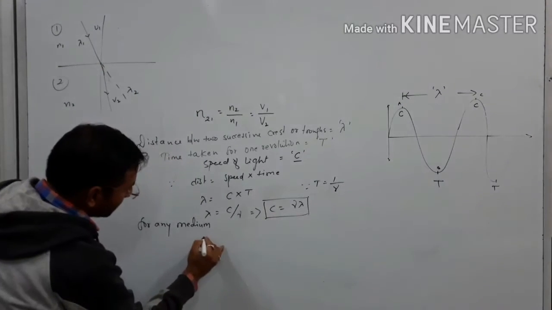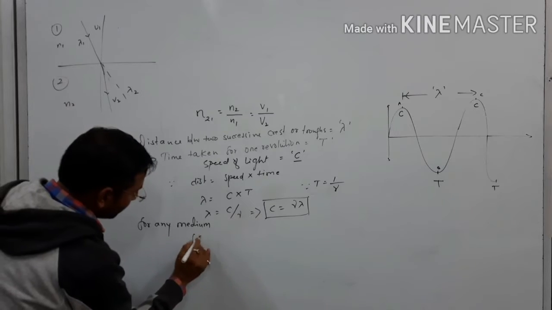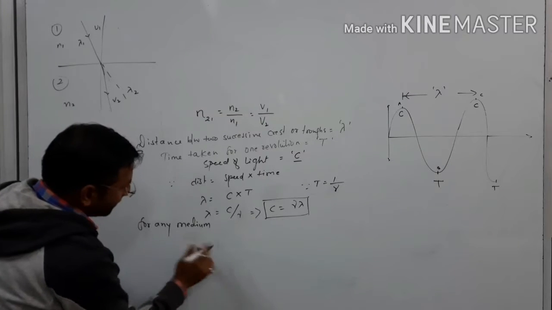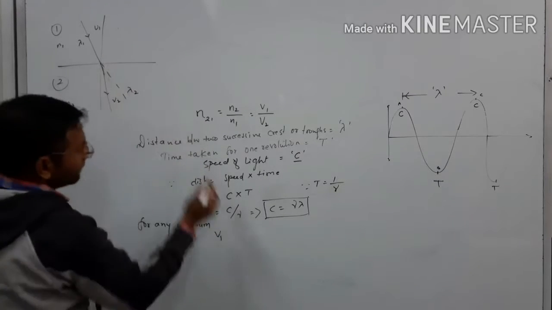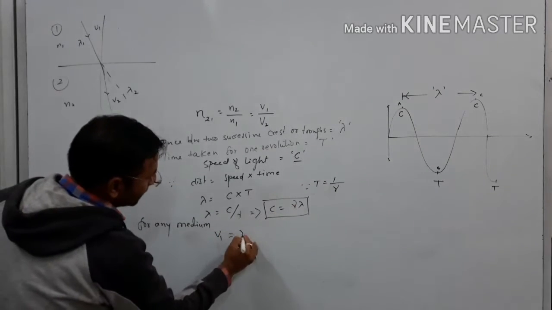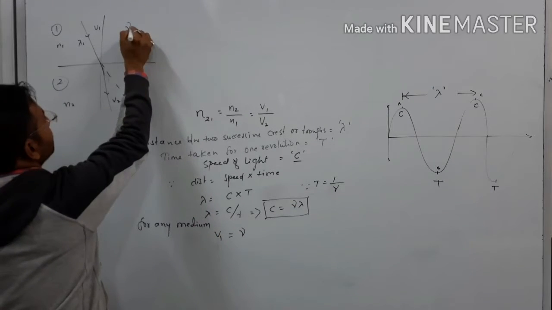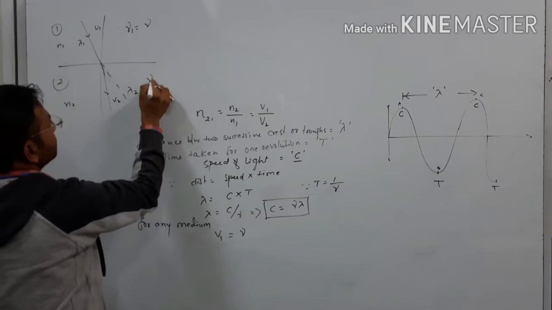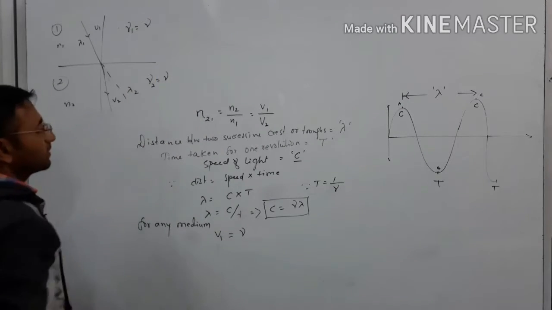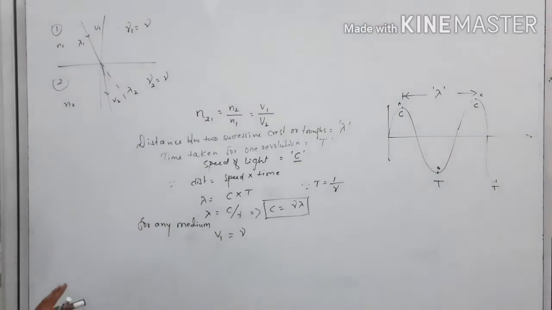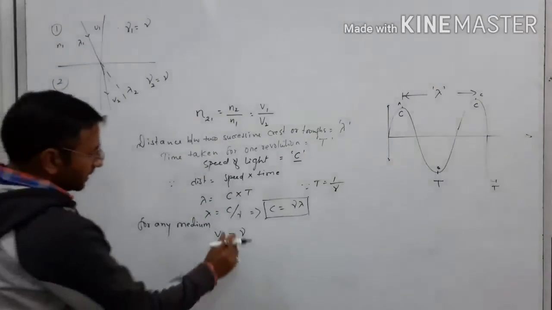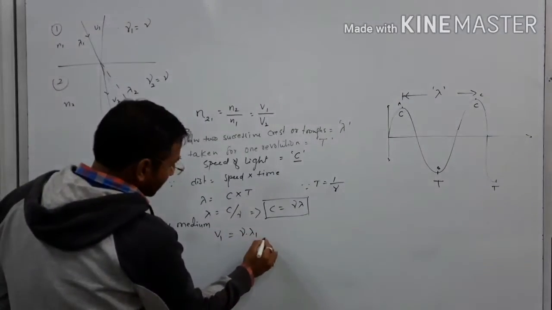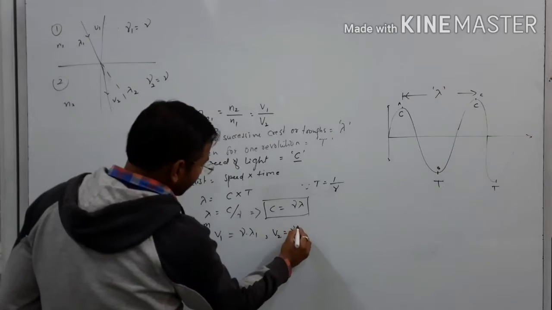By this formula, for any medium, V1 equals mu lambda 1, where the frequency remains the same. Here mu1 is the frequency, which equals mu, and mu2 also equals mu. So the frequency remains the same in both conditions. V1 is mu lambda 1 and V2 is mu lambda 2.